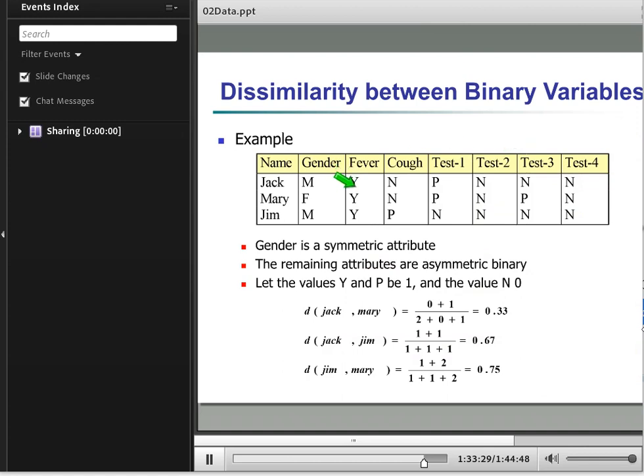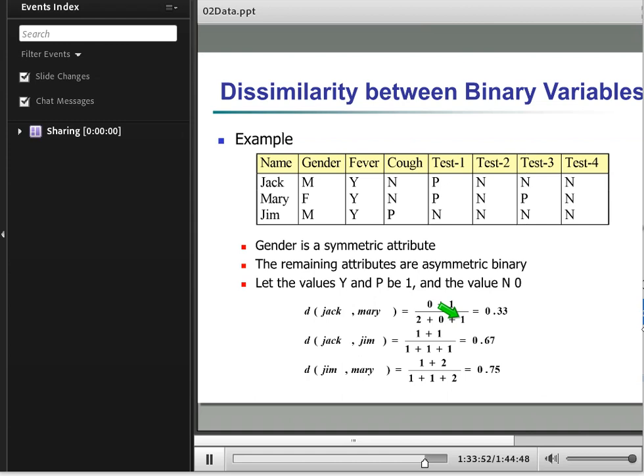Here, for fever, both of them are 1. For test 1, both of them are 1. For test 3, one of them is 1 and the other is 0. Here, 2 plus 0 plus 1.